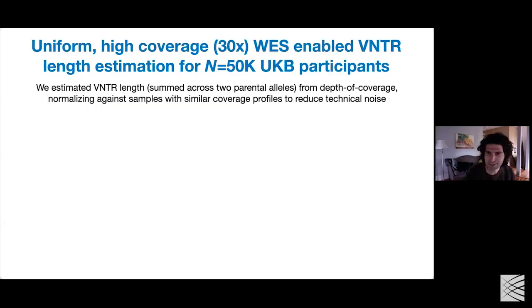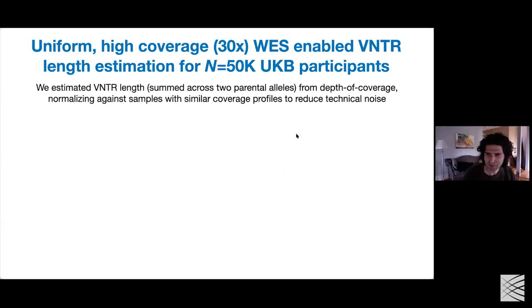So we found that particularly in the UK Biobank, because of the uniform and high coverage whole exome sequencing conducted by the UK Biobank, that really helped us estimate VNTR lengths in their participants.